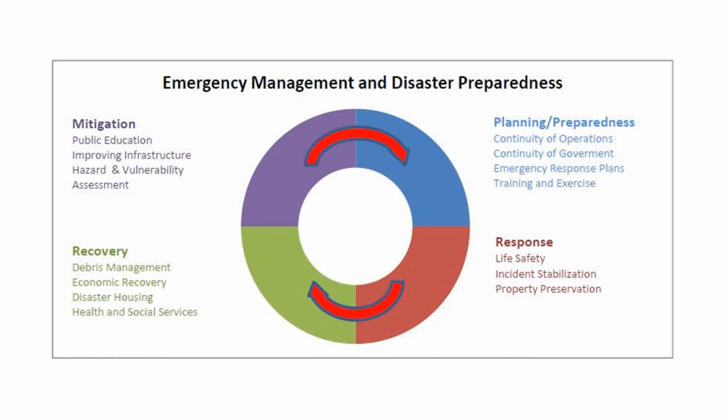This next slide is really just to show you in a general sense emergency management and disaster preparedness for, say, a city or an area, right? So in the top right corner, there would be the planning and preparedness.